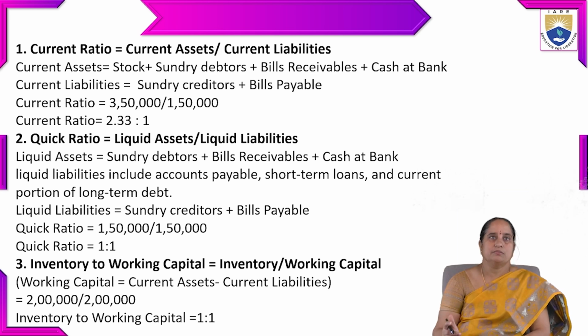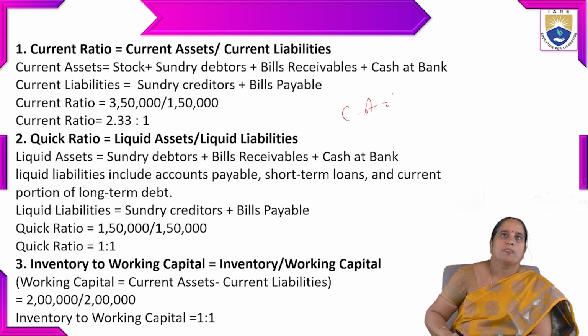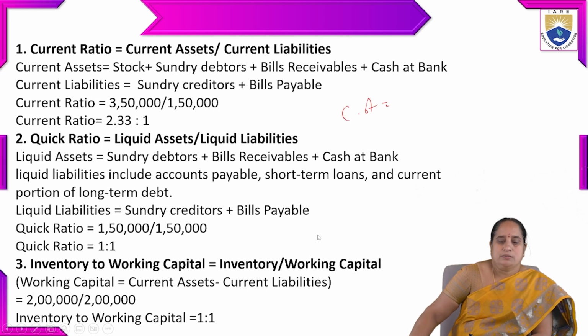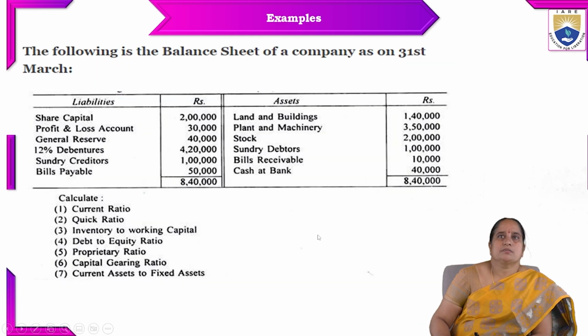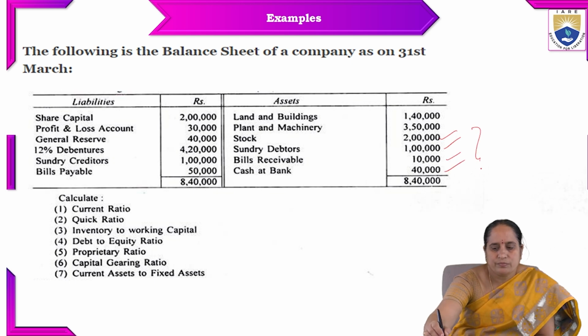So current assets: stock is 2 lakhs plus sundry debtors 1 lakh, so 3 lakhs, plus bills receivable 10,000, and cash at bank. These four are current assets, so this is 3 lakh 50,000.